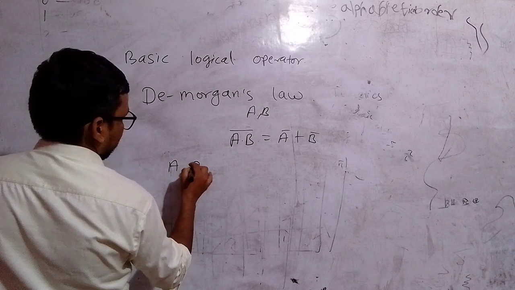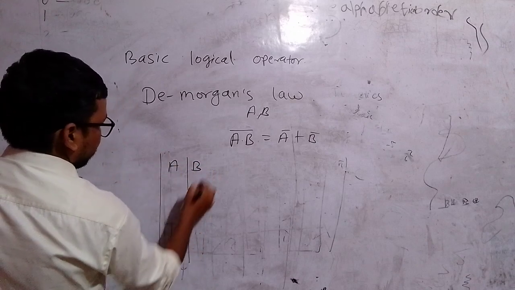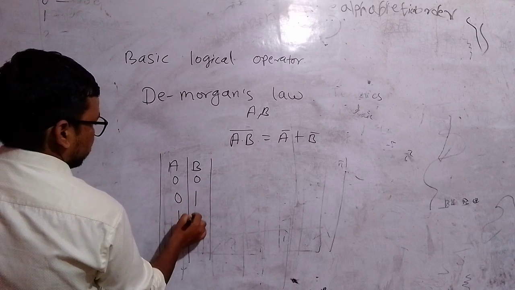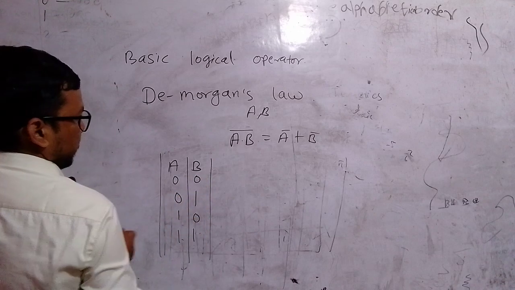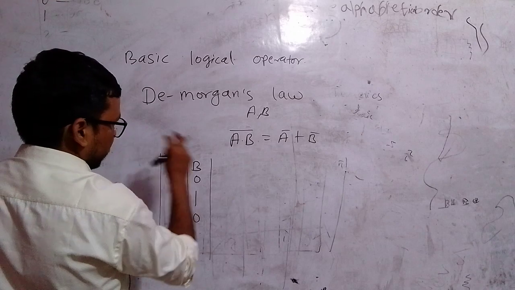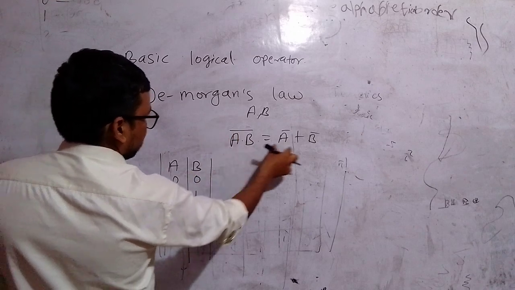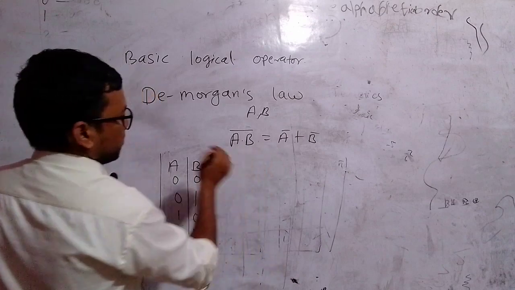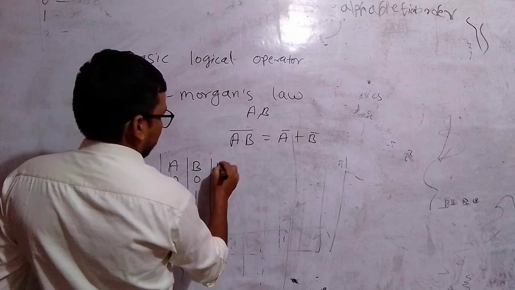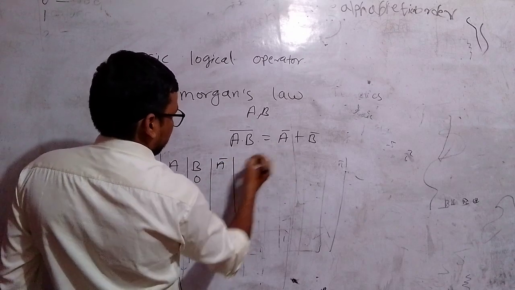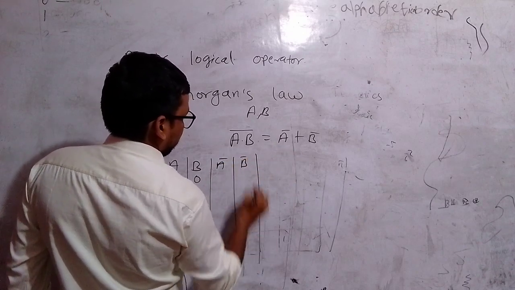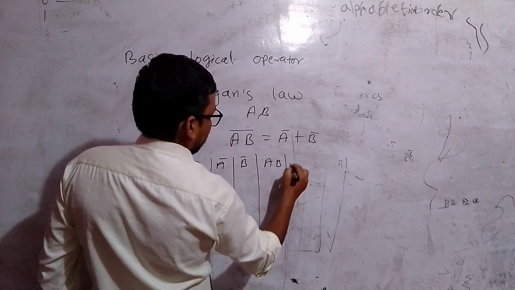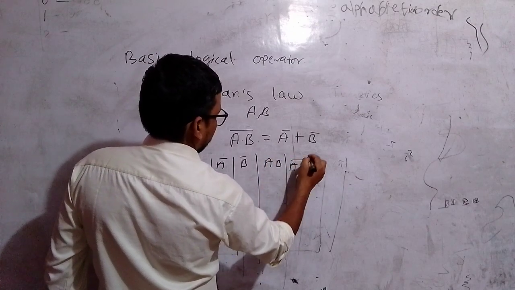A, B. What are the possible values for A and B? 0 0, 0 1, 1 0, 1 1. Now, what are the possible terms? We need to write all of the terms expressed in the expression. A complement is given, B complement is given, AB is given, and the complement of AB is given.